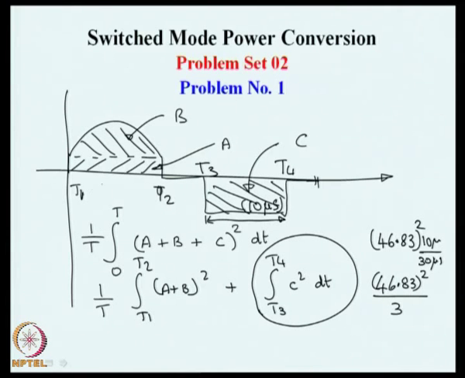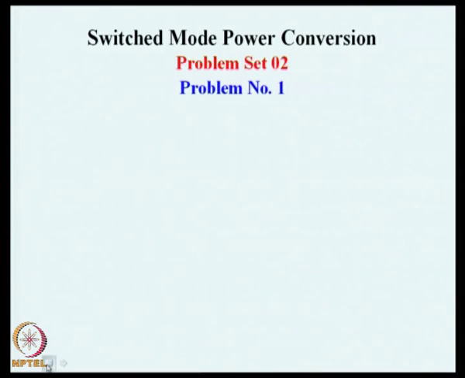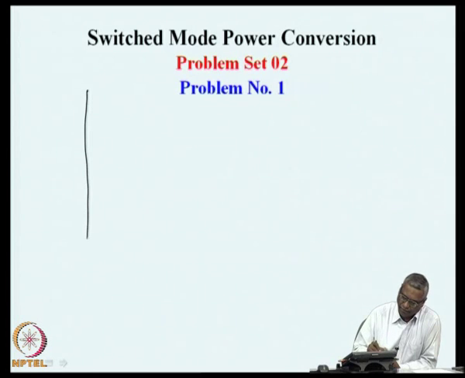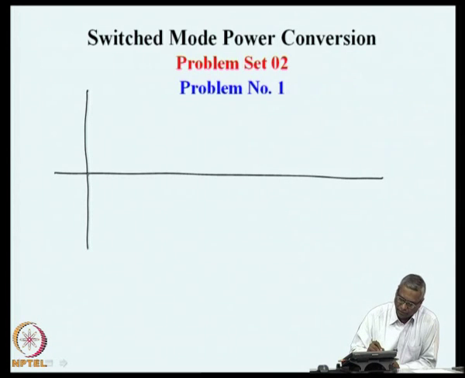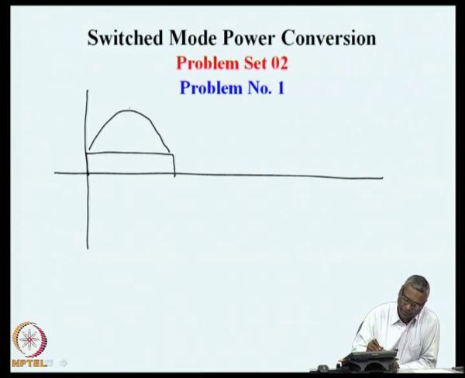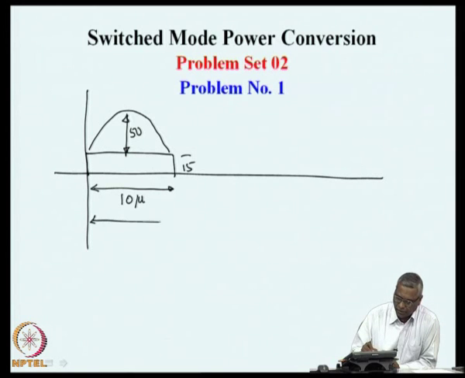The next portion of Rms, which has A and B, we might probably erase and restart this part. A, this is 50 and this is 15, this duration is 10 micro and total is 30 micro.